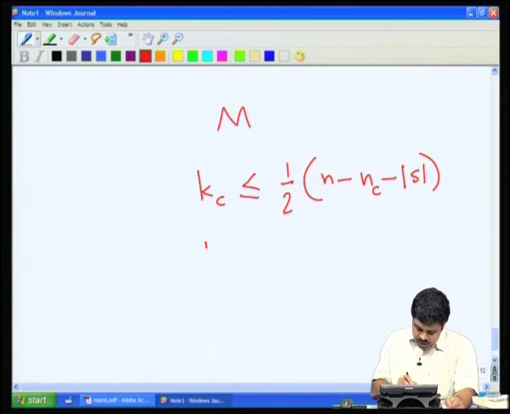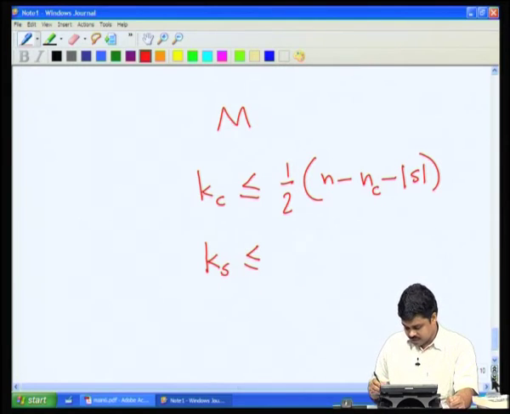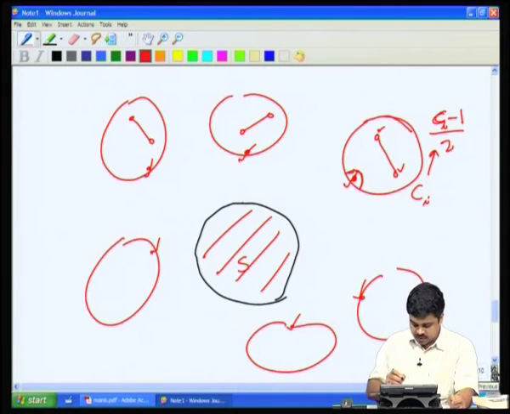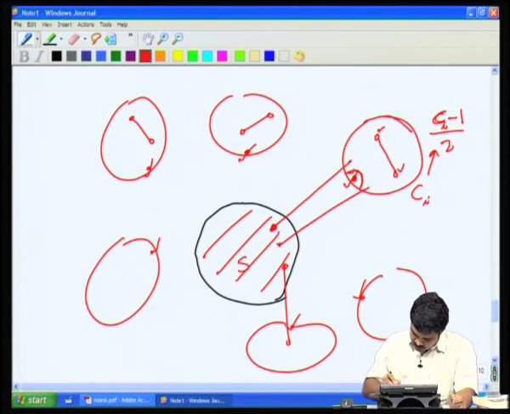Similarly, we can have another type of edges, and I will use the notation Ks to denote that, which is having at least one endpoint from S. So it can be an edge like this, or it can be an edge like this, or both endpoints here.